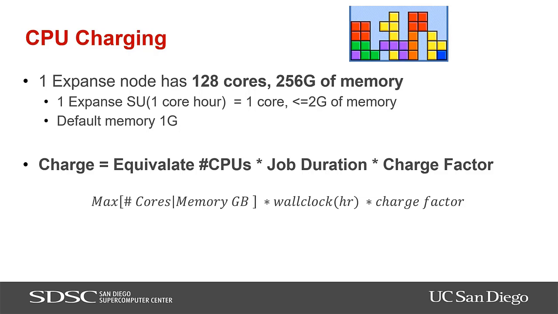So you're going to be charged the equivalent of 2 CPUs for that. The wall clock time, or the duration, is going to be in hours, and then the charge factor, of course, is related to the partition that you use.